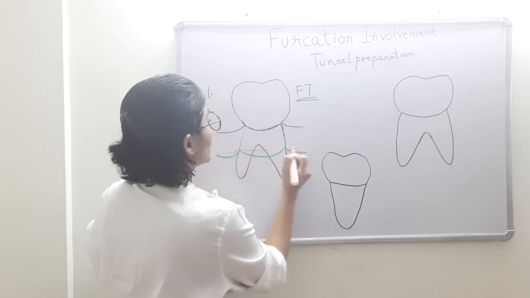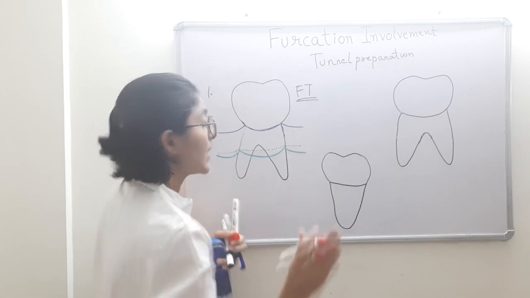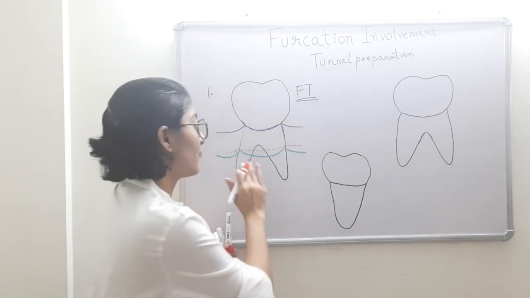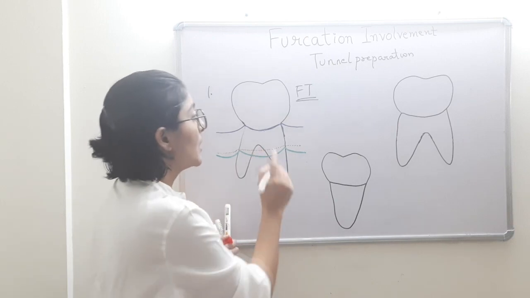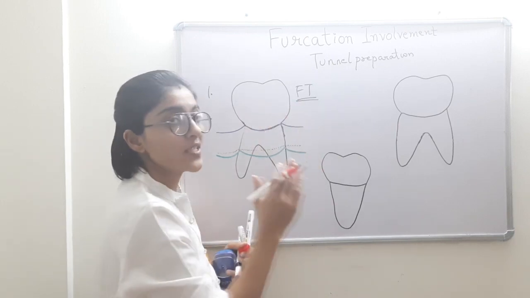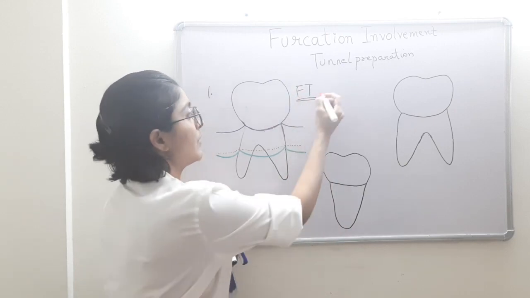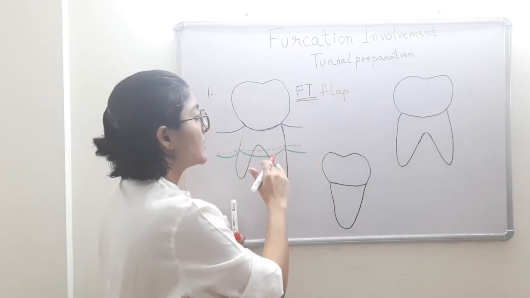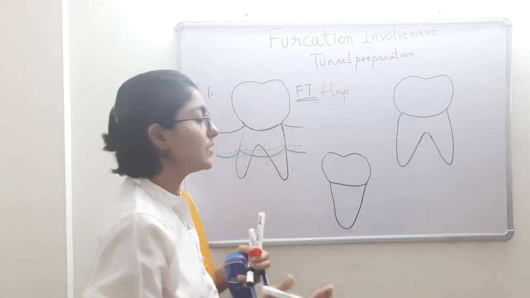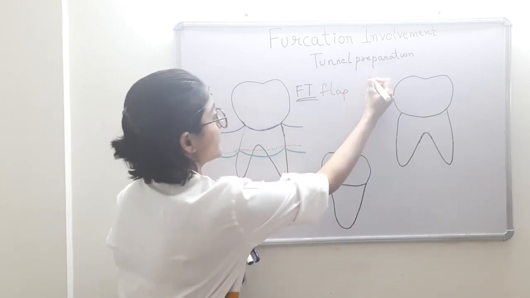With these red dotted lines, expect our bone margins, the alveolar crest margins, to be somewhere here. So this is our case scenario onto which the number one step is, of course, under local anesthesia, we will reflect a full thickness flap preparation, and hold it at this position with the elevator so that our furcation area is exposed.